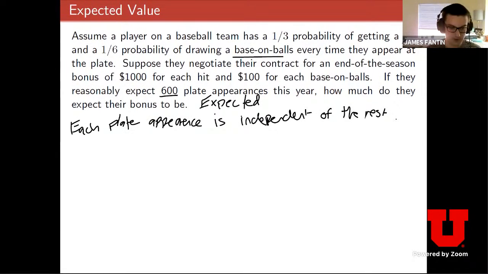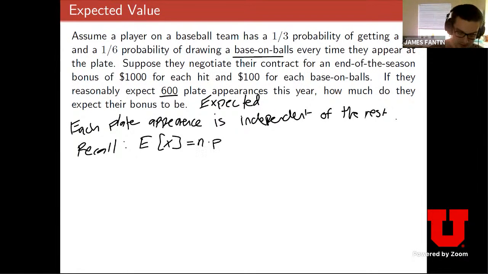And so that means, if you recall when we were talking about Bernoulli trials, the expected value for some random variable x, when the trials are independent of each other, is equal to n times p, where there are n trials and each trial has a probability p of occurring.